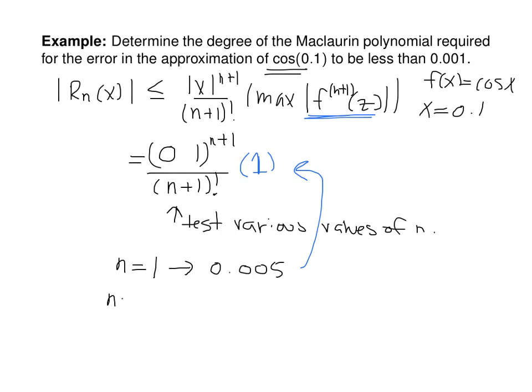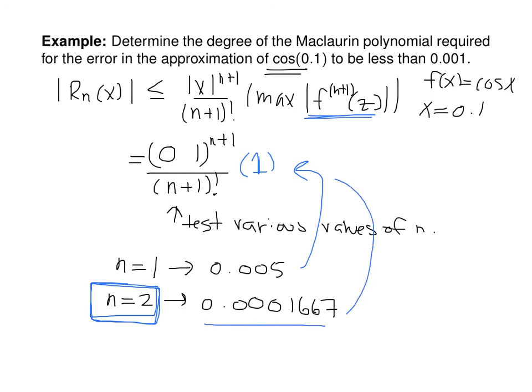When I plug in n equals 2, the error that I get is 0.000167, and this is less than 0.001, so we actually only need to use a polynomial of degree 2 for that approximation's error to be less than 0.001. So when you're doing this on your homework, you're looking for the very first value when this error that you find using this estimate drops below that value.